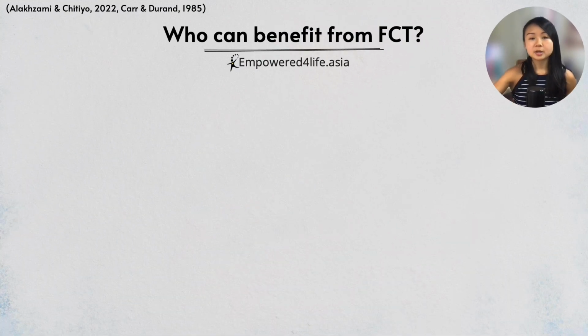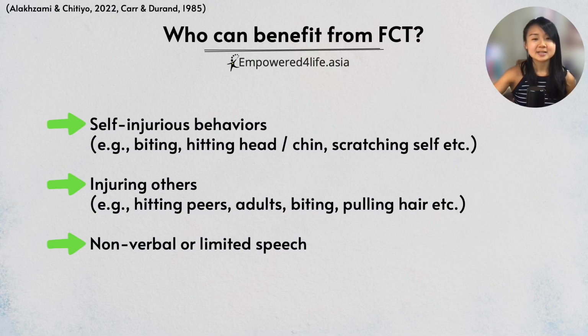Now, some of you might think, oh, my child cannot speak, they are non-verbal or have limited speech. FCT can benefit children who have limited speech as well, or use their AAC devices. Studies have shown that children who have learned to functionally communicate have significantly reduced their self-injurious behaviors and behaviors to injure others to get their needs met.